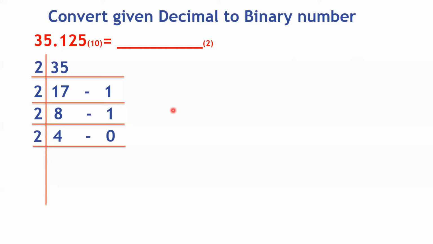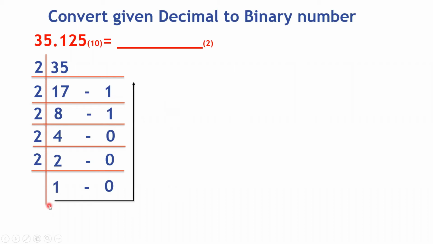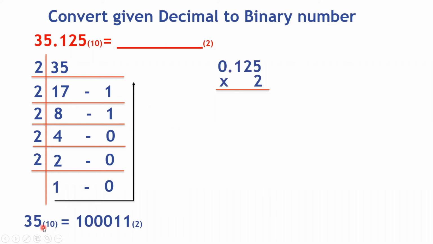Again 2 2s are 4, remainder is 0. Again 2 1s are 2 and the remainder is 0. This we already know, we are supposed to write it from bottom up. So 35 we can write as 100011. This we have already seen.